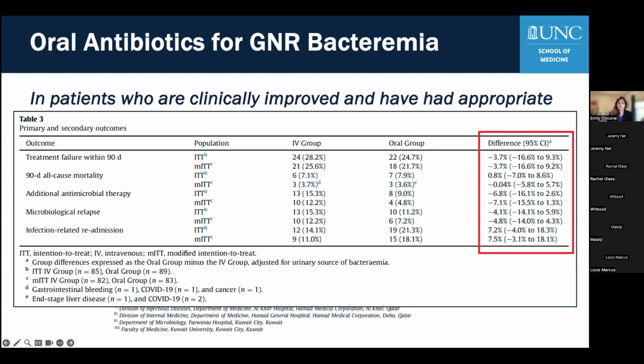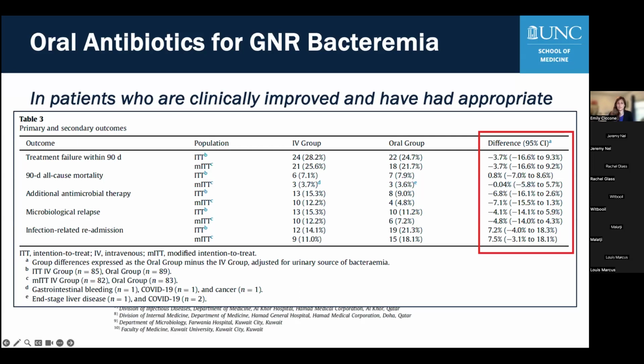But when they were randomized to either continue IV therapy for completion of the course or switch to PO, their primary endpoint was treatment failure, which was defined as a composite outcome of death, need for additional antibiotic therapy, microbiological relapse, or infection-related readmission within 90 days.